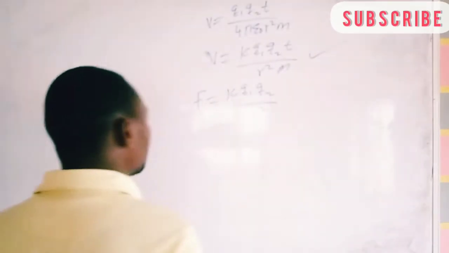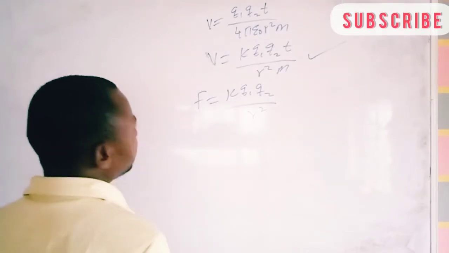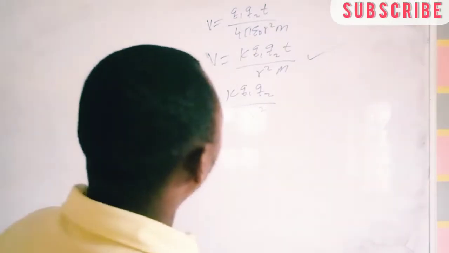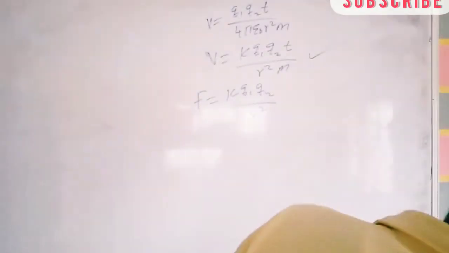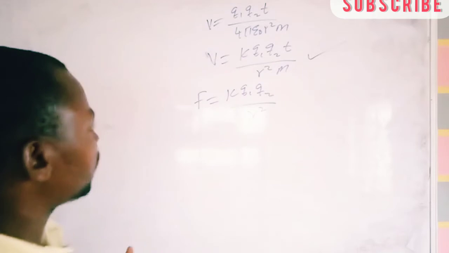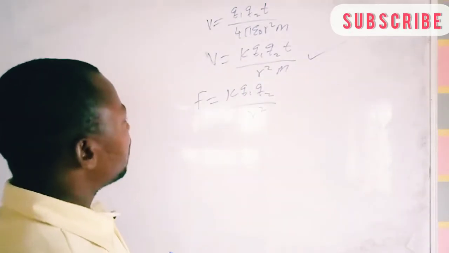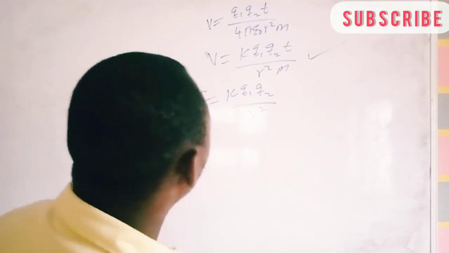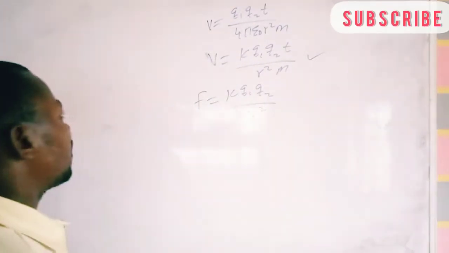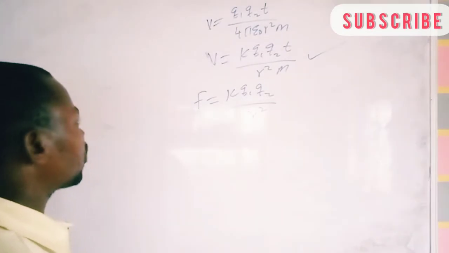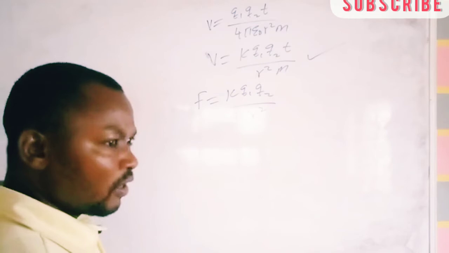Now, we can calculate the distance of the charges. The distance of the charges is different from the separation. Separation is R, but the distance is the motion that the electron or the charge is able to cover. Okay?